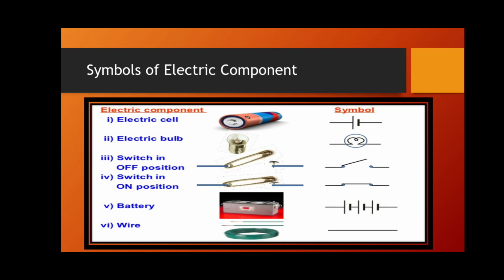So what is a wire? Connecting wires are simply represented by a single straight line, and most of the time these wires are made up of copper and they are used to connect various electric components in the circuit.